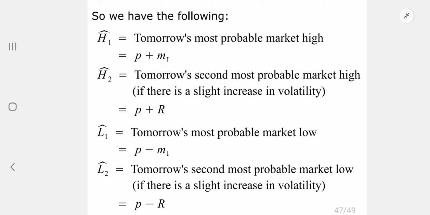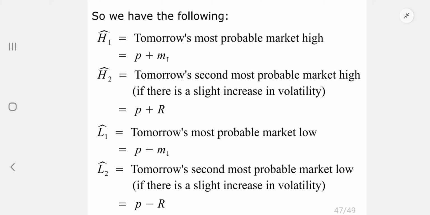So we have the following. H hat 1, which equals tomorrow's most probable market high, which equals P plus M up arrow. H hat 2, which equals tomorrow's most probable market high if there is a slight increase in volatility, which equals P plus R. L hat 1, which equals tomorrow's most probable market low, which equals P minus M down arrow.